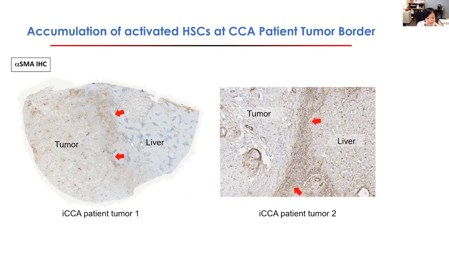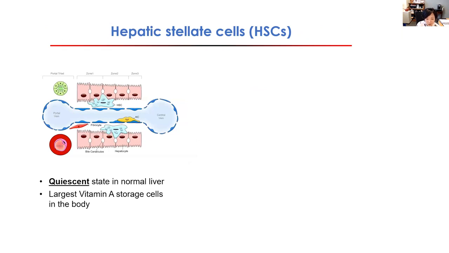Then I talked about activated hepatic stellate cells. What do I mean by that? A little bit of introduction of this cell population, hepatic stellate cells, HSCs. They're not the hematopoietic stem cells that people use this abbreviation HSC for. Hepatic stellate cells are a type of pericyte in the liver. They sit between the endothelial cells and the hepatocytes. They're considered quiescent in normal liver. And of course, they're not just sitting there doing nothing.